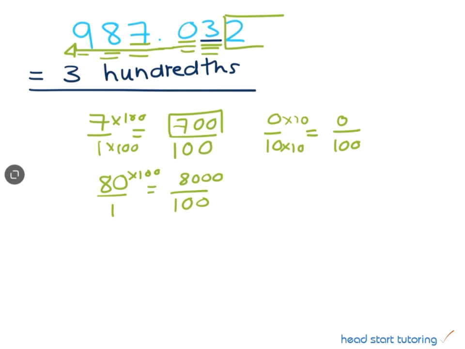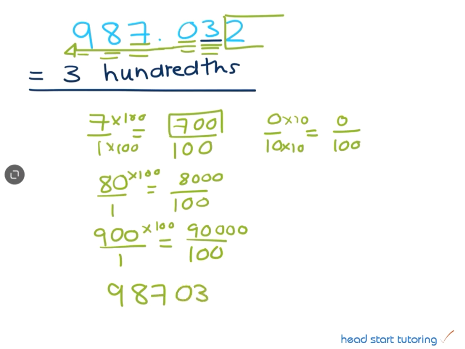But there are even more, because if we have a look at our 900 units and we get that into an equivalent fraction out of 100, we multiply our 900 by 100 and we end up with 90,000 hundredths. So we've got 90,000 plus 8,000 plus 700 plus our 3. We end up with 98,703, so 98,703 hundredths.